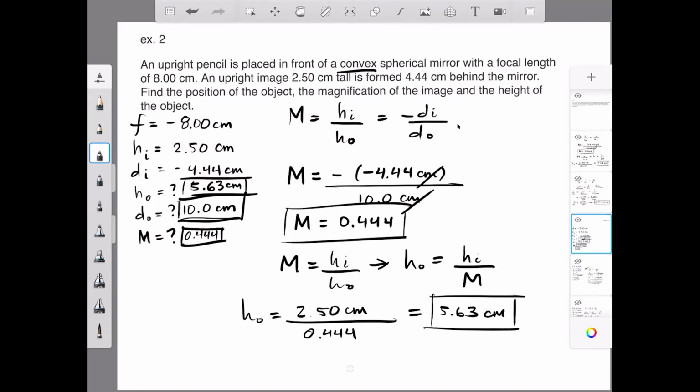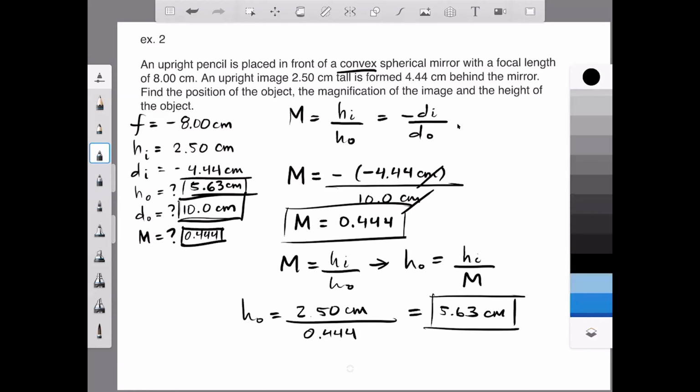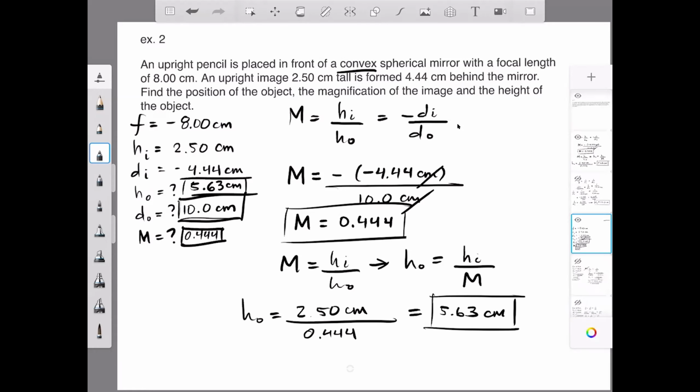And that is it. These are basically the two kinds of problems that you'll see. Problems dealing with the magnification of concave and convex mirrors, their object and image heights, and their object and image distances, according to the two formulas, the mirror equation and the magnification equation.